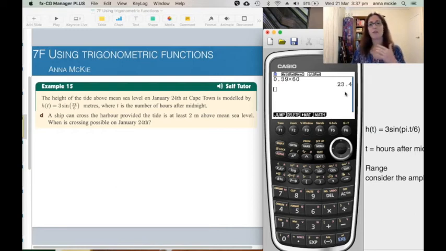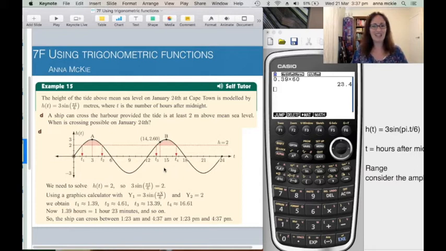So we're talking 1 hour and 23 minutes. So 1:23 a.m. would be the first time that this ship could go into the harbour. Here's an answer with that all written out neatly. So down the bottom here you can see the 1.39, the 4.61, the t values, and then there's that 1 hour and 23 minutes.